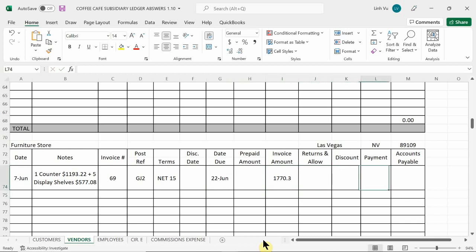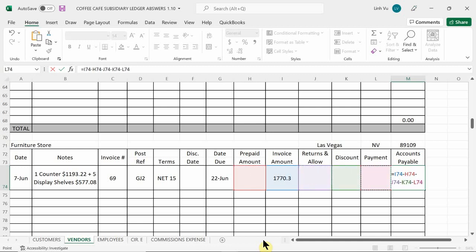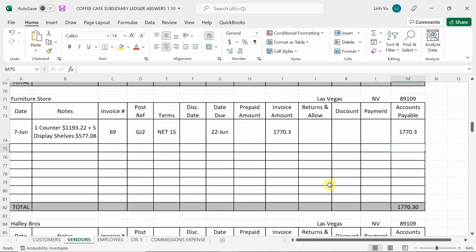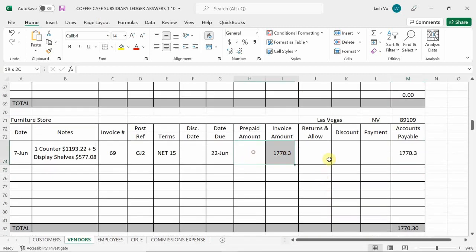Good. Did I return anything? Did I get a discount? And did I pay? No. So in this case, the formula is invoice minus prepaid minus returns minus discounts minus payments, and here I owe furniture store $17.70 and 30 cents.